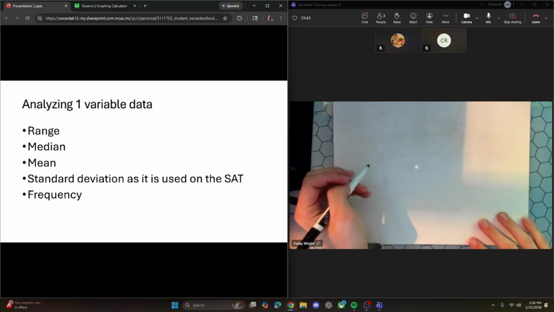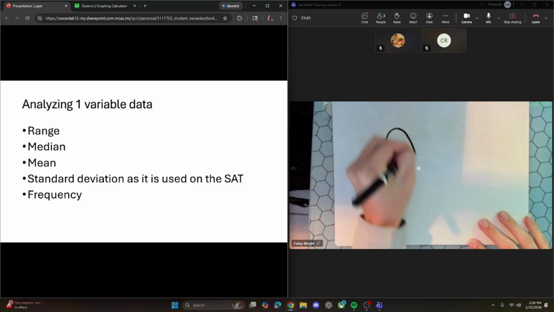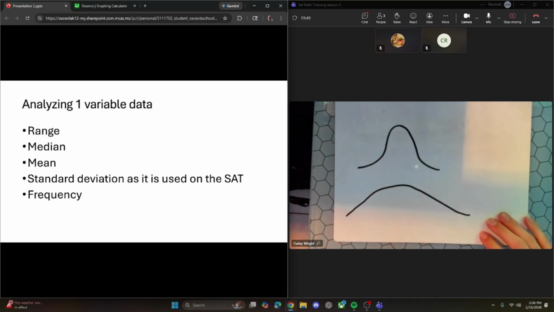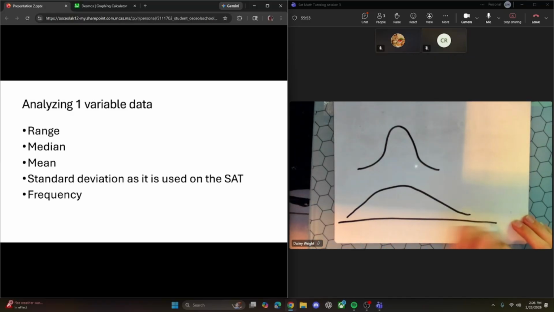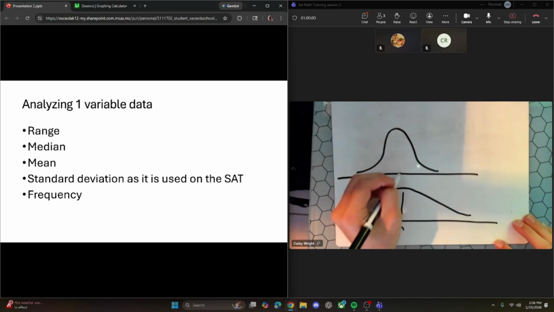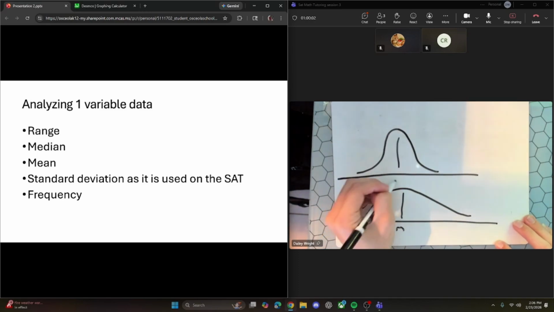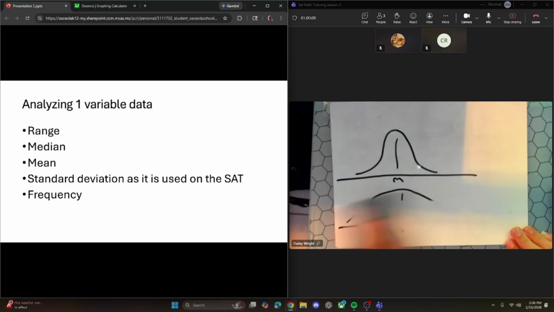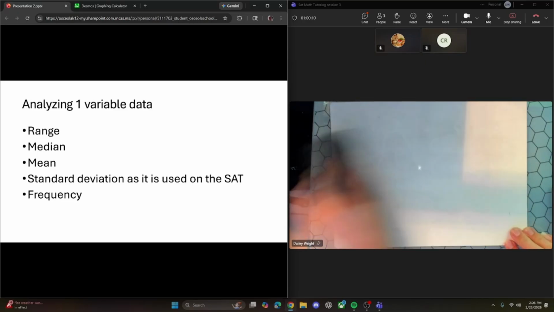So they might give you 2 graphs and ask you which one has the higher standard deviation. And your second graph is spread out more from its mean, so it's going to have the higher standard deviation. Or they might give you a dot plot, something like that. You'll see it in some of the practice questions I have.